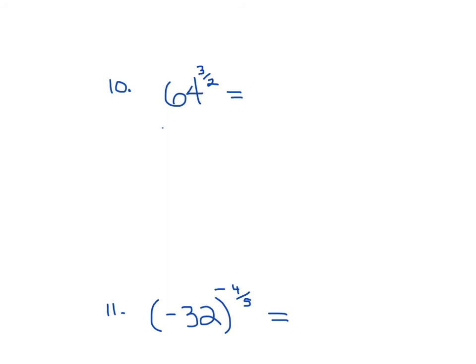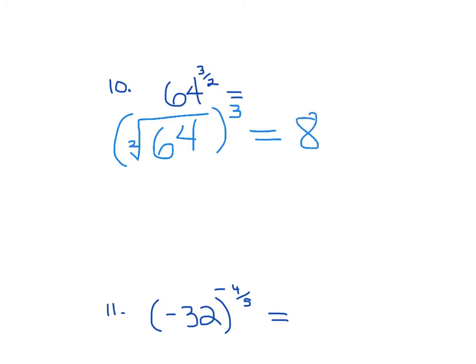We're going to find the square root of 64 and take that answer and raise it to the 3rd power. Square root of 64 is 8. 8 to the 3rd power is 512.